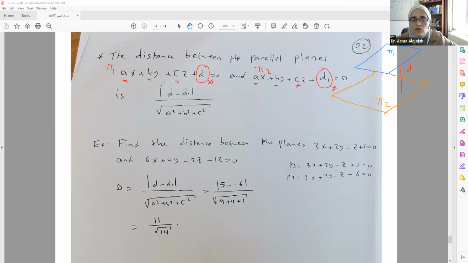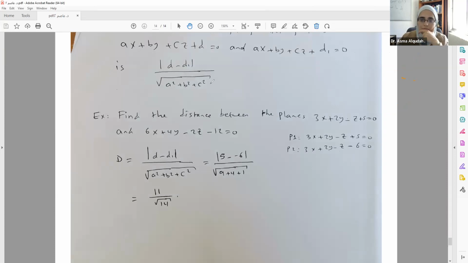You take the magnitude of that, and then you divide by the magnitude of the normal vector. So this is how we find the distance between two parallel planes, of course. Based on this, let's do this example.